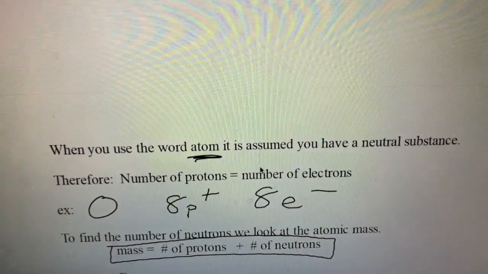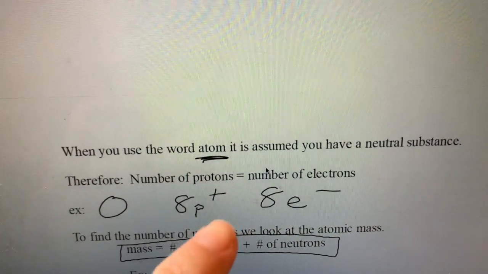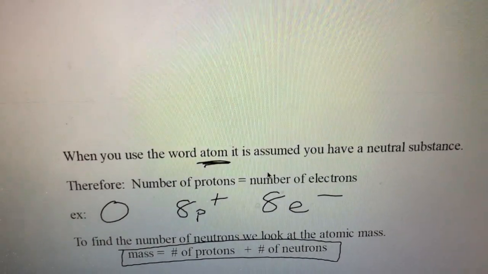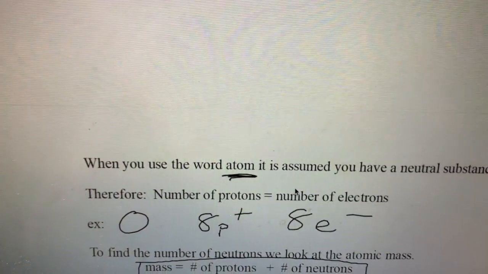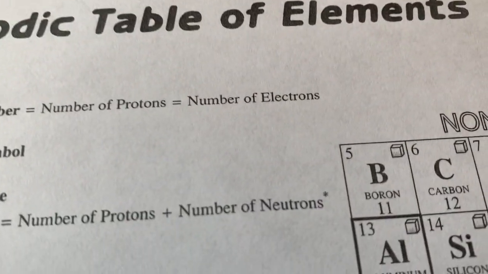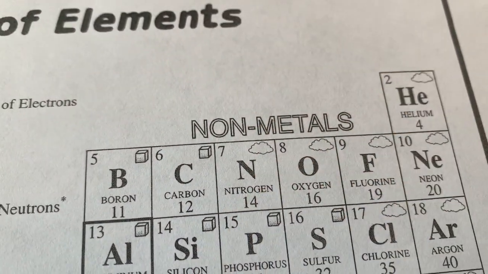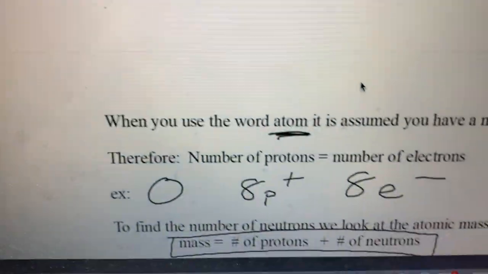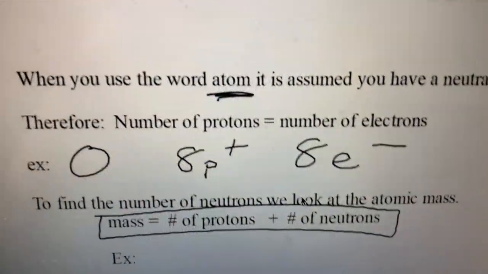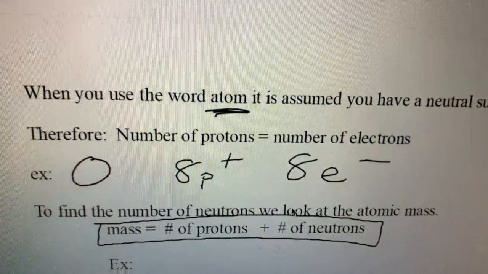So for example, oxygen, I look at the periodic table and I see that oxygen has an atomic number of 8. Coming back here, oxygen, atomic number of 8 right there. So that means that it has 8 protons. It is an atom of oxygen, so therefore it has 8 electrons.